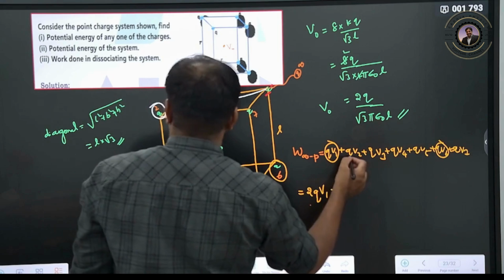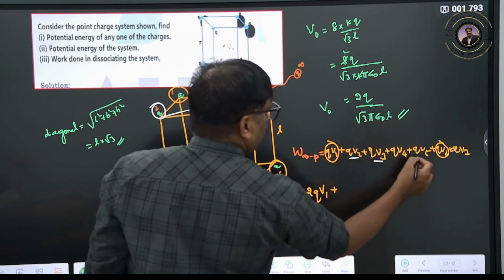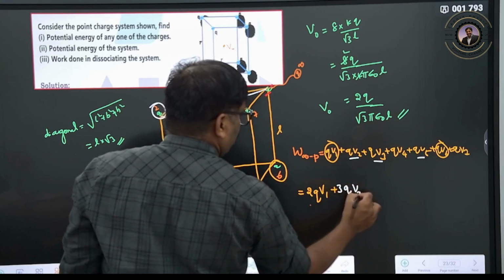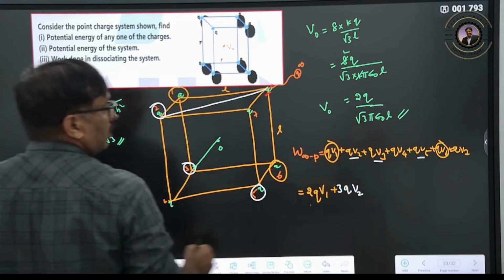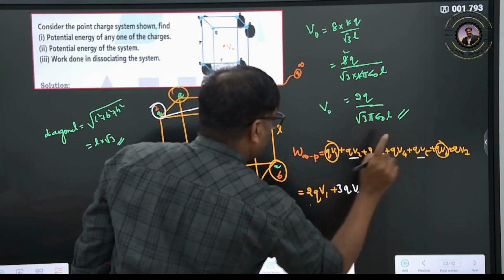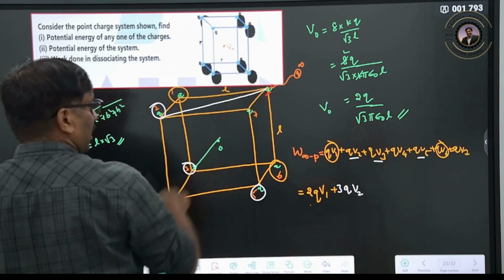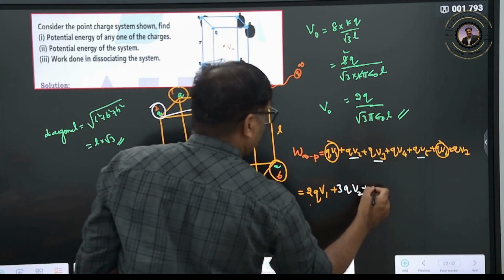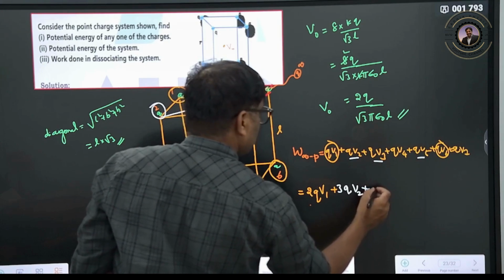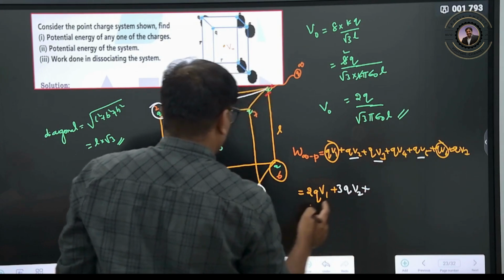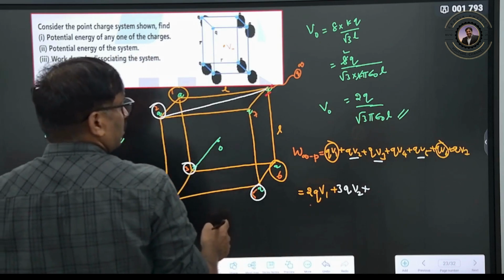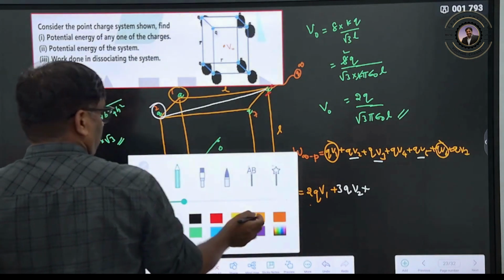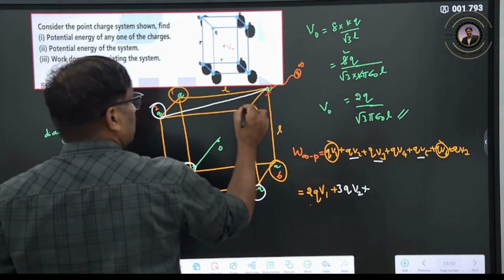Therefore, 2, 3 and 5 are at the same distance, so 3 q into v2. These are over. V4 is a diagonal length, slightly different here. V7 will also be the same as this distance.